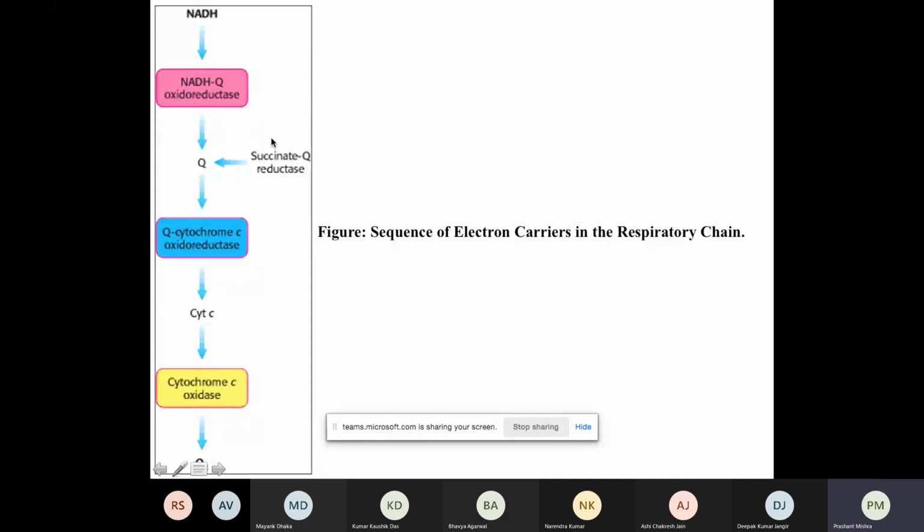Now, some of you must be seeing this succinate Q reductase. This is another complex. And can you recall where we have succinate dehydrogenase? Where do we find this enzyme? This enzyme is present in the citric acid cycle.